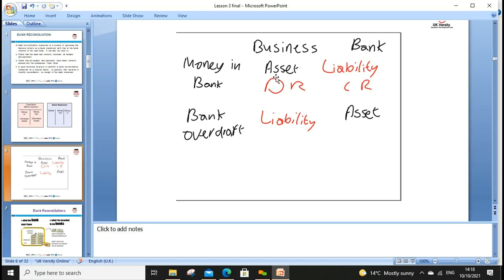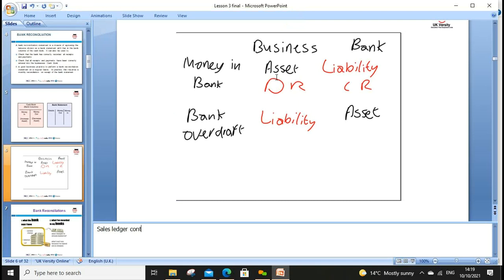So the bank has a liability when they do so. If we have an overdraft, it is a liability for the business, but a receivable from the client is an asset, and we also use the word debtors.